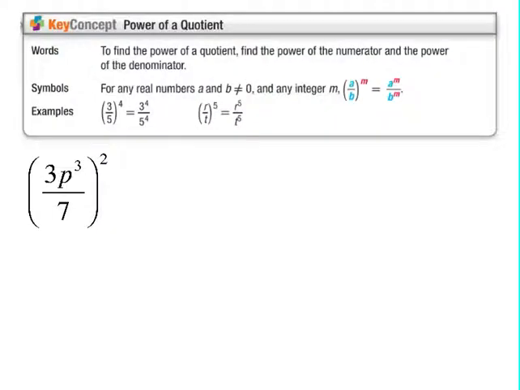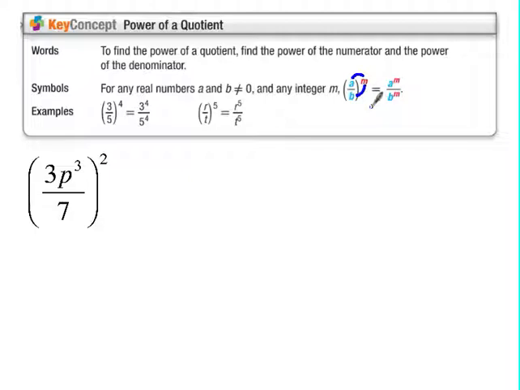Okay, so now we're going to talk about the power of a quotient. To find the power of the quotient, find the power of the numerator and the power of the denominator. So basically you're going to distribute whatever the power is to both the numerator and the denominator.